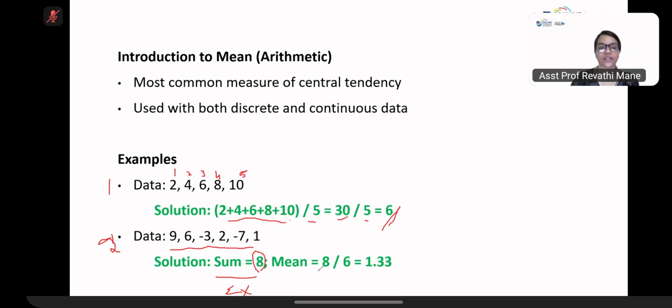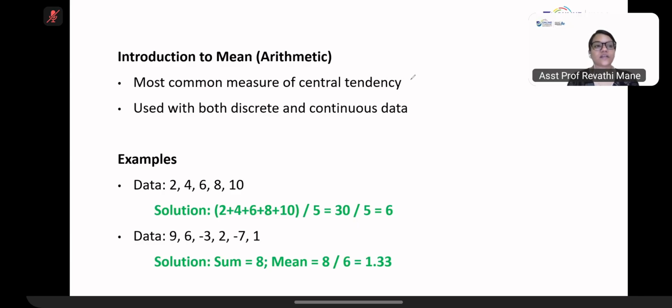Mean, how will you calculate? Summation of x divided by count of the numbers. There are totally 6 numbers here: 1, 2, 3, 4, 5 and 6. So 8 divided by 6, you will get the value 1.33. So this is how mean is calculated. It is very simple and very easy to calculate as well.